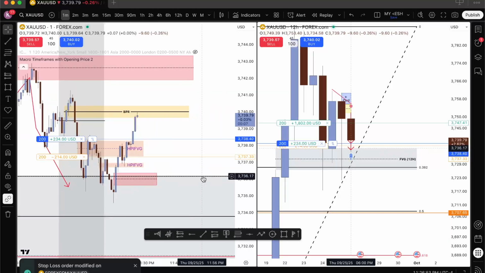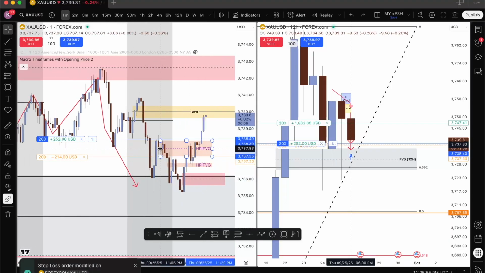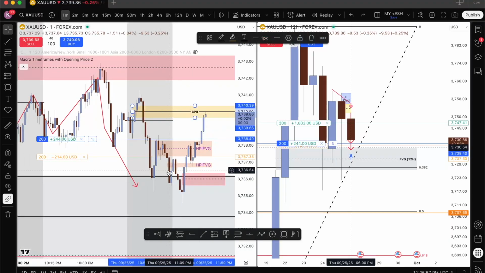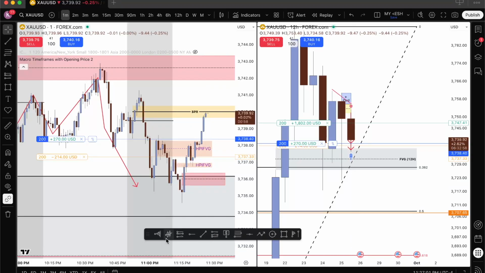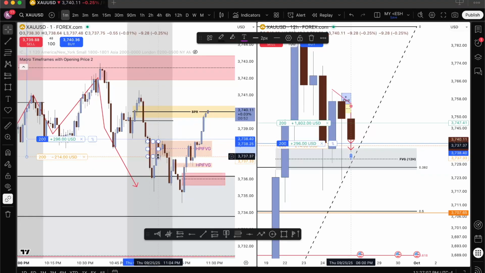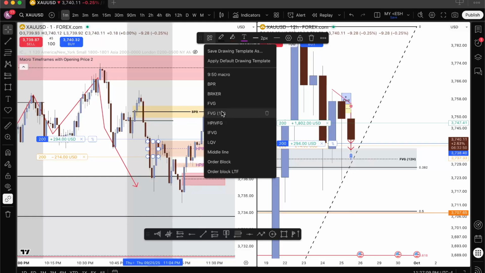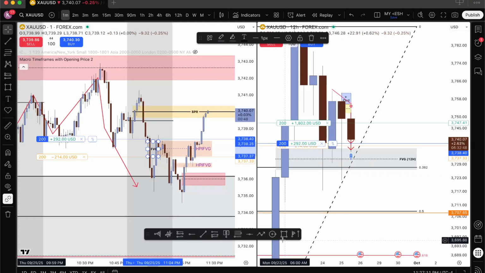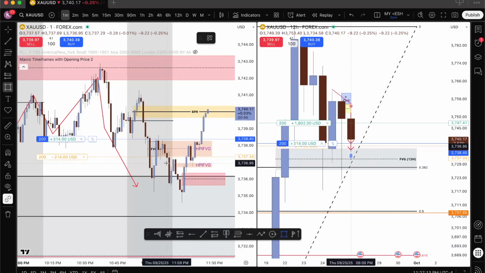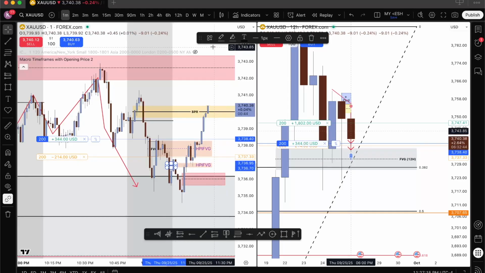The reason that's an inversion is because price previously used it to send it down as a fair value gap in the beginning. Now, if it wasn't used, then that means it's just an inefficiency still.